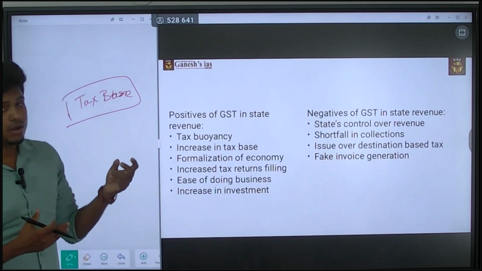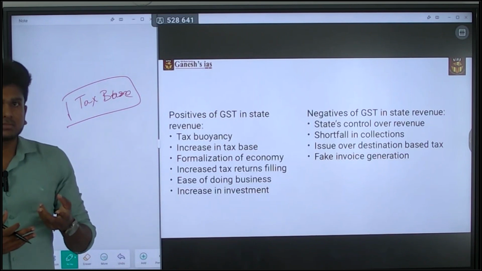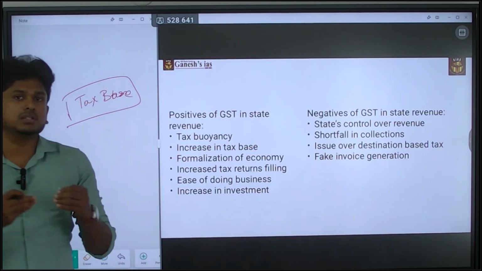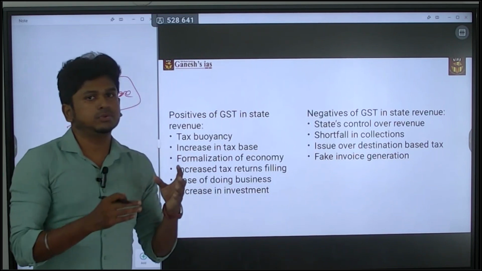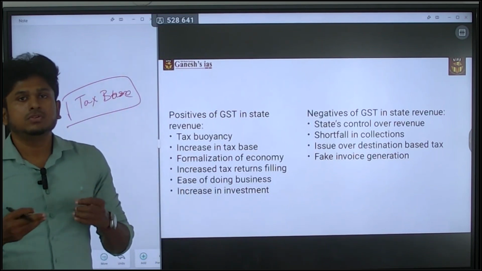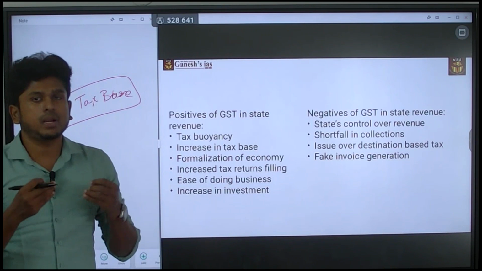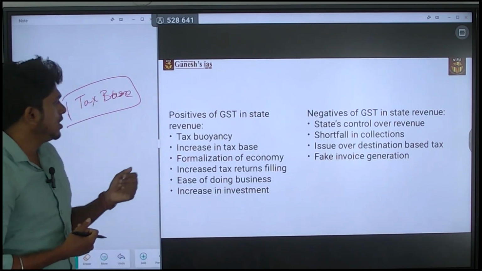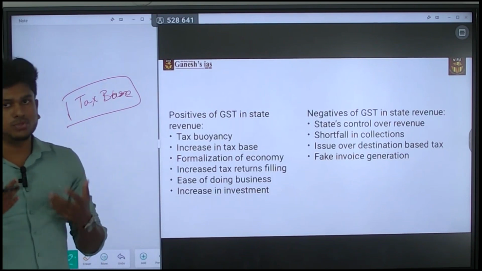Next, you can also say the tax buoyancy. Tax buoyancy is about what is the growth rate in the GDP and what is the growth rate in the tax revenue. It is a comparison. So there was a huge tax buoyancy after the introduction of the GST. That is also something you can say. Next, formalization of the economy. Yes, absolutely.